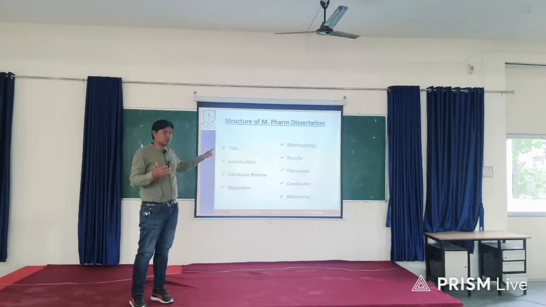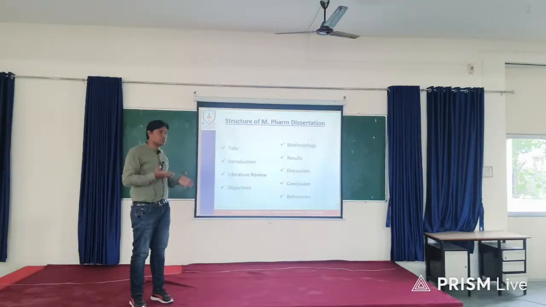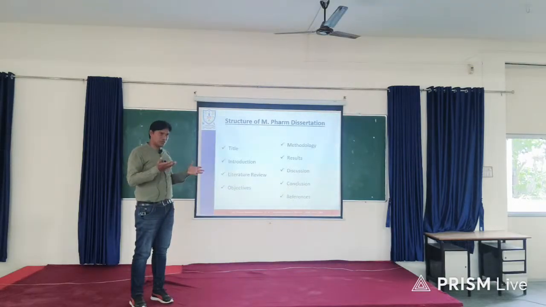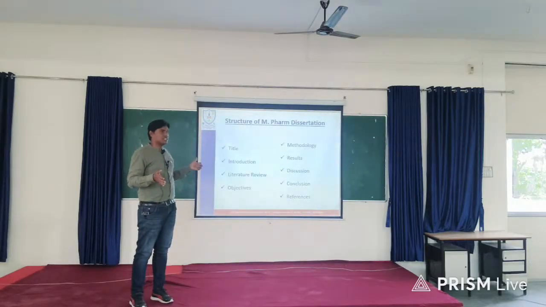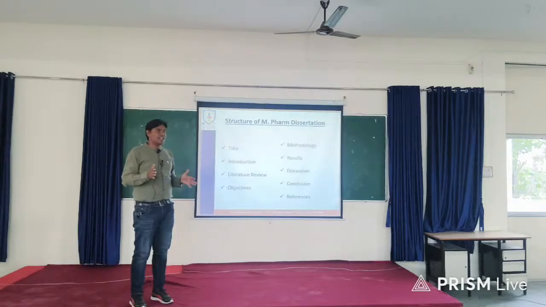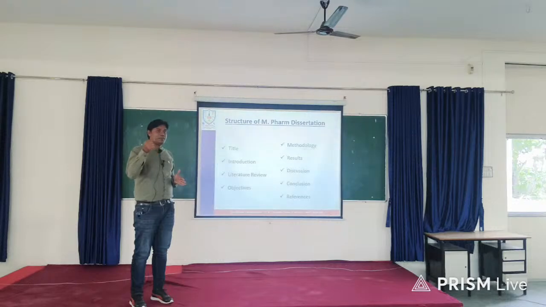What methodology you are going to use, in that materials and methods. What materials you use for the research or your project work, and what methods are actually needed to achieve those particular objectives. That should be very clear, and preferably methods should be adopted from standard peer-reviewed journals.